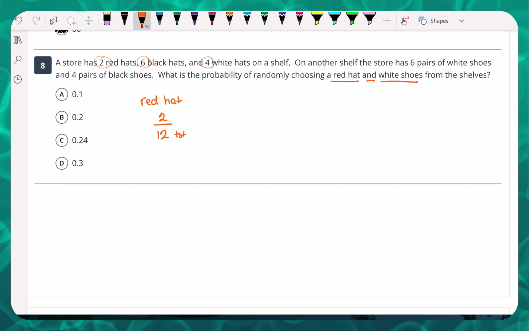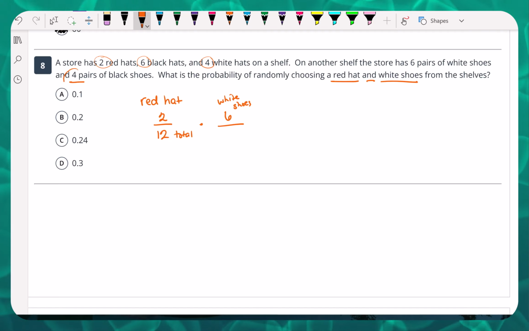So you have 12 total hats, but 2 are red, okay? The next thing you're going to do is multiply that times the probability of white shoes. So you got 6 pairs of white shoes out of a total of 4 plus 6 gives you 10 total. So you got to be really careful with that.